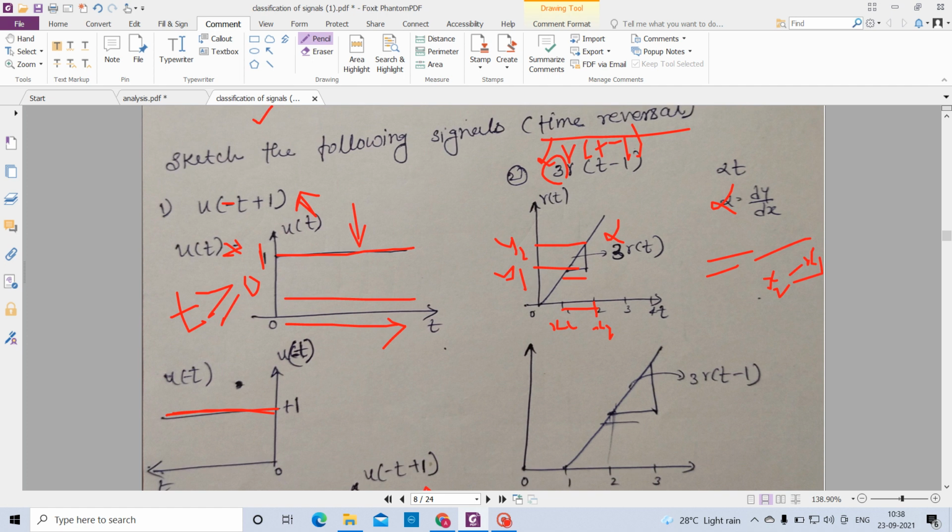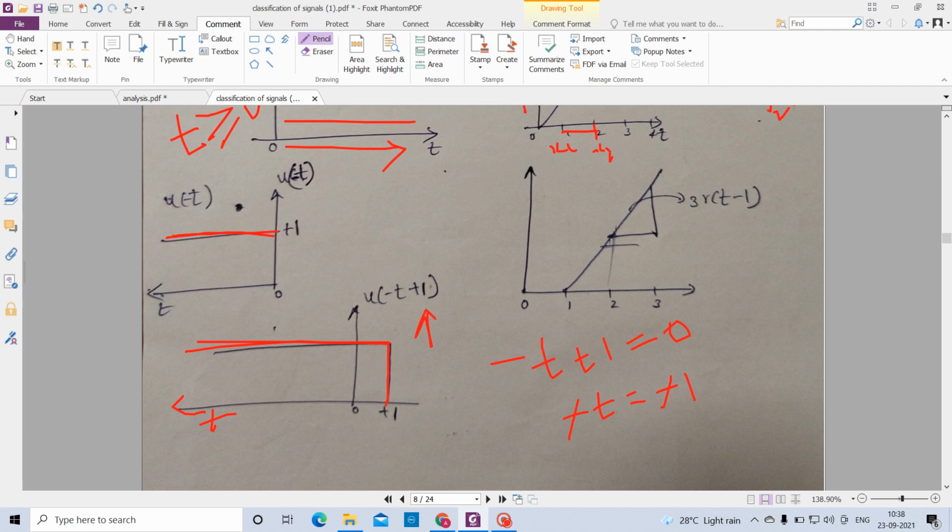Here we get the ramp function when t is equal to 1, because we have to draw the graphical representation for r of t minus 1. When t is equal to 1, we will get the ramp signal.